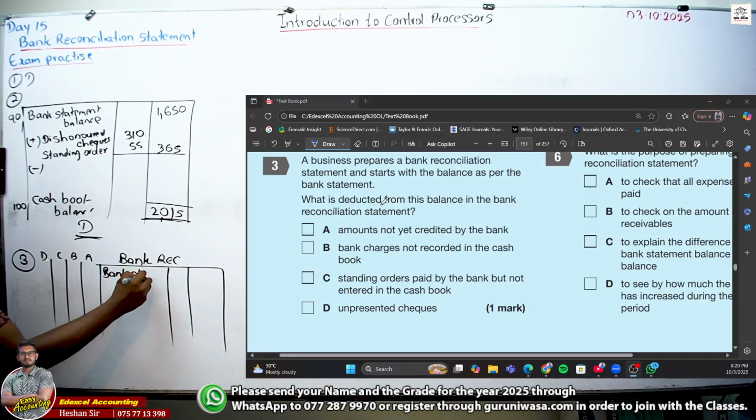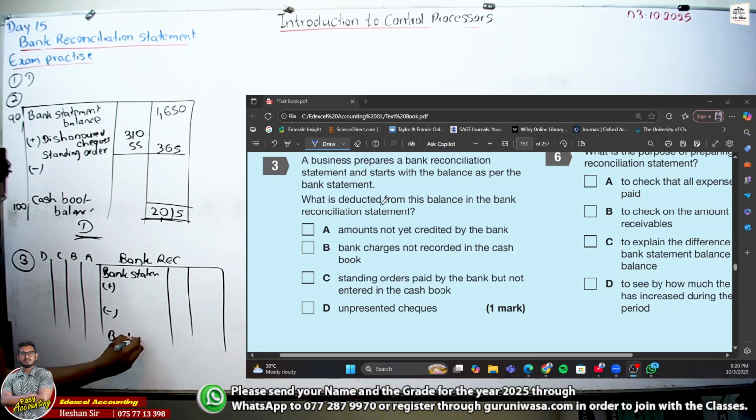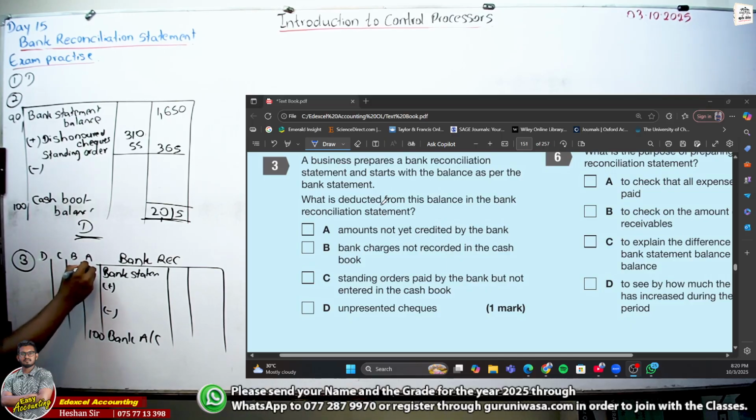Understand? Plus, minus. Then the bank account. Here, amounts not yet credited means we debit the bank account, which means 100. This is 90. So 90 plus 10 is 100. Understand? Right? This is adding.